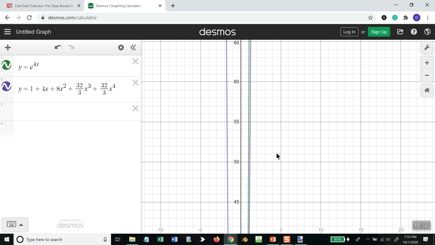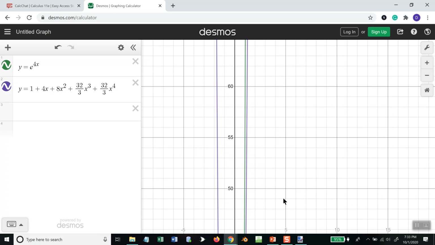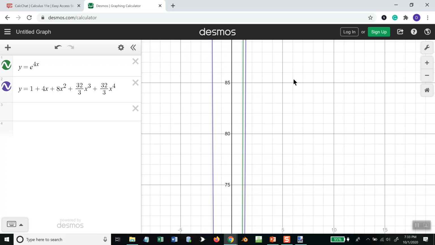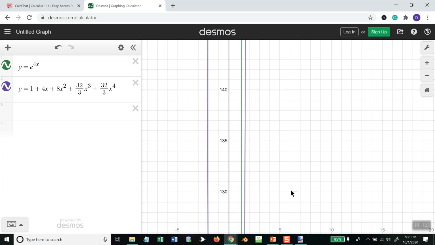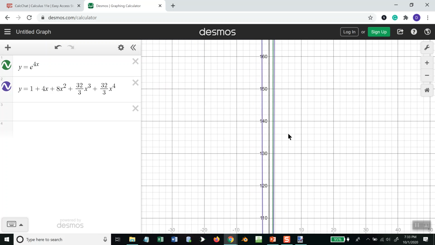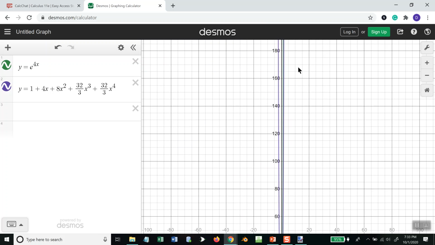Well, it's pretty good, long ways up, isn't it? Of course, your definition of pretty good might differ, if I had to zoom out to even see them separate.